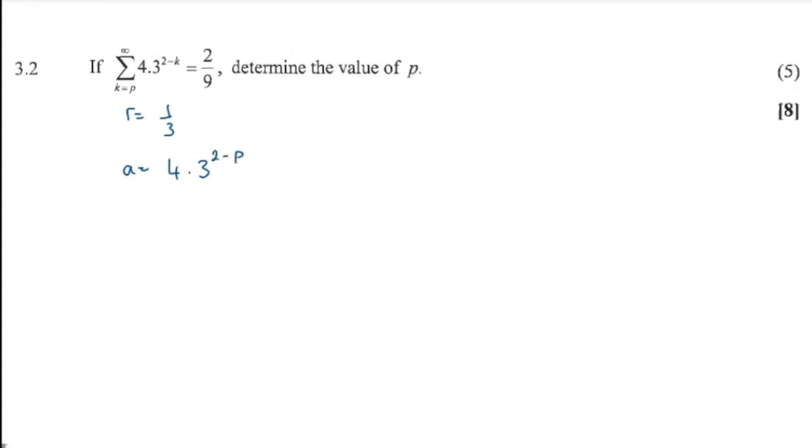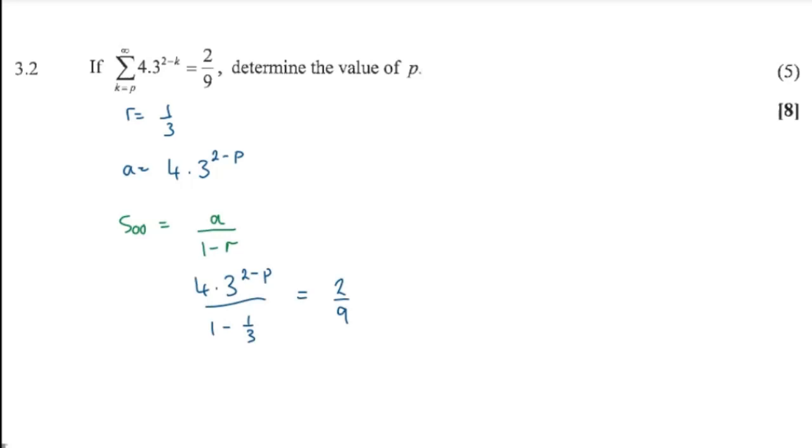Now if you recall, the sum to infinity of a convergent series is given by the formula a over 1 minus r. So in our case, a is 4 times 3 to the power of 2 minus p, over 1 minus r, and we know our r is 1 over 3, and that should equal 2 over 9.